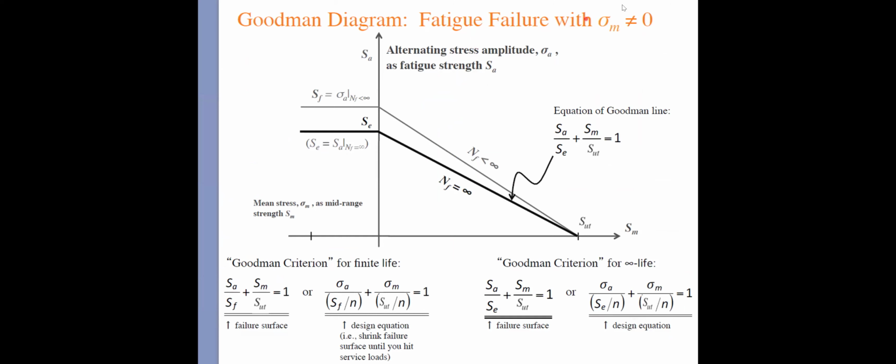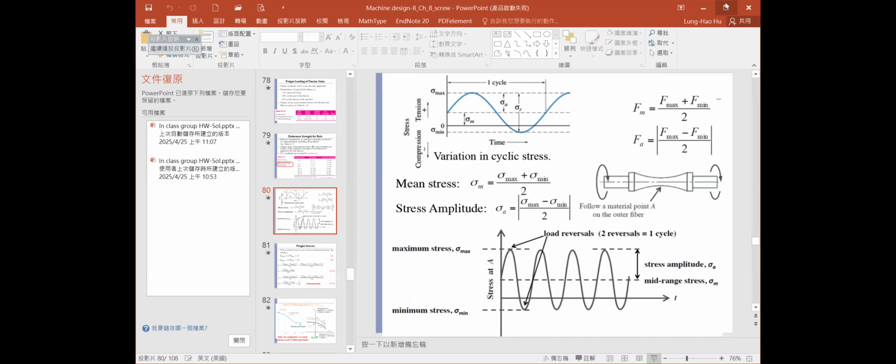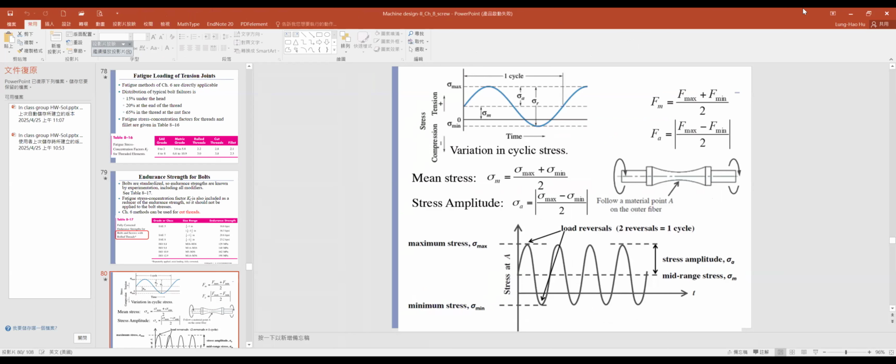For the Goodman criteria for fatigue failure, we consider sigma m, which is not equal to 0.